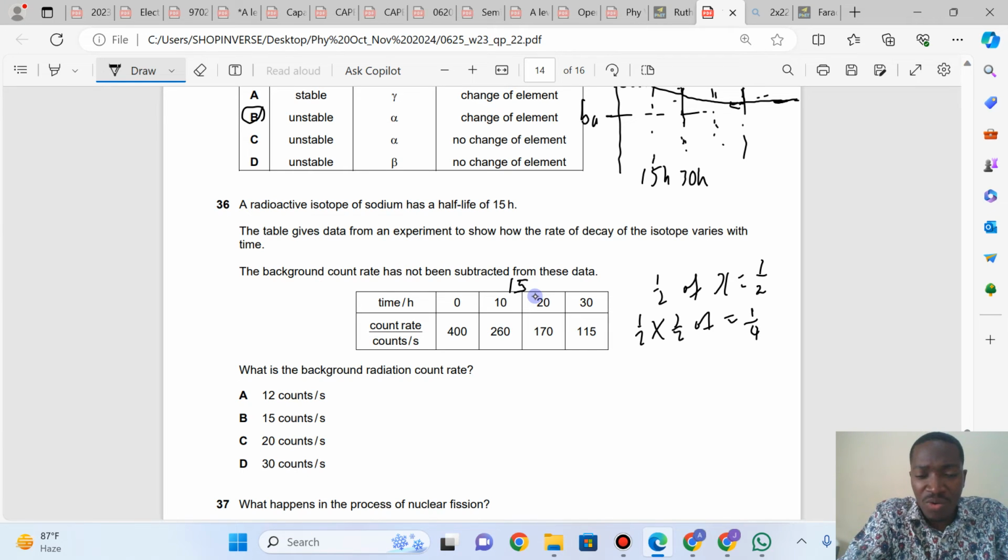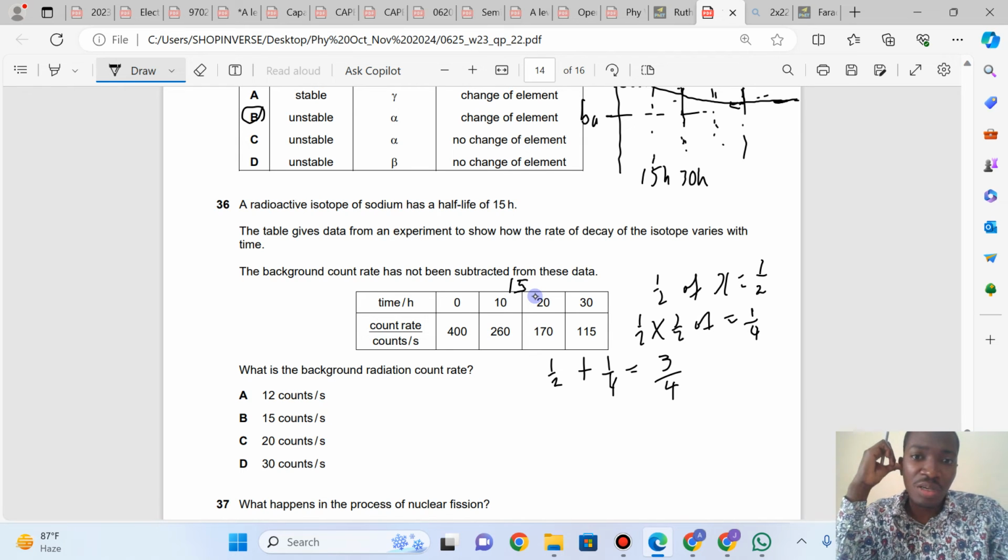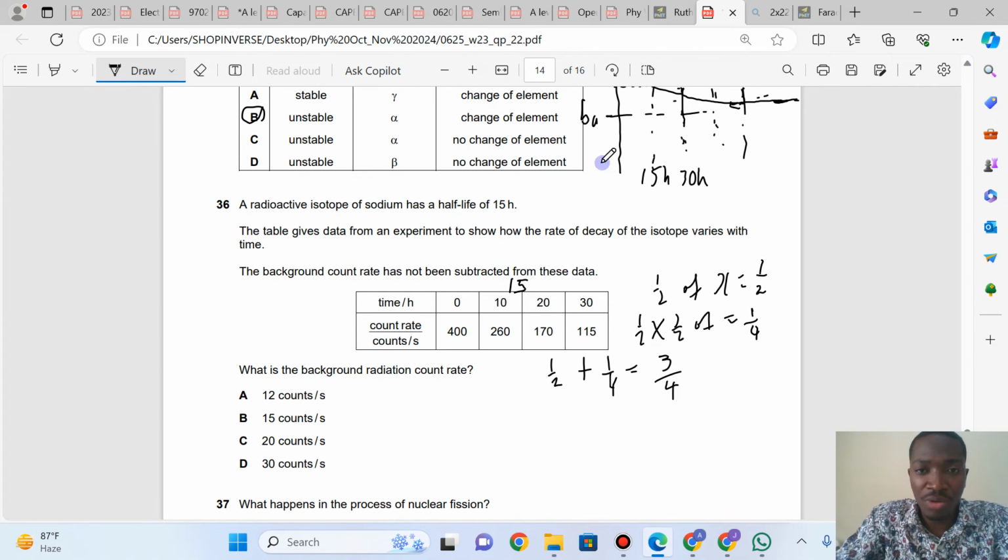Now let's add 1/2 plus 1/4. That gives us half plus 1/4. That will be 3/4. Okay, if you do your addition of fractions, is it 3/4? Yes, 3/4. So what can we do here?